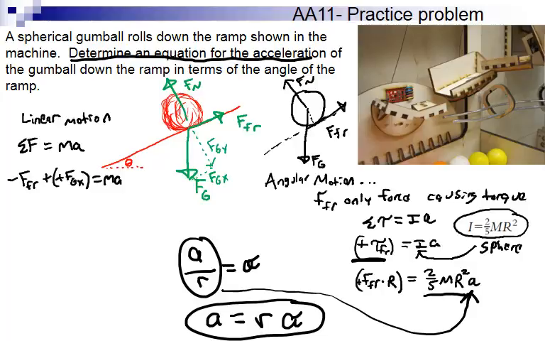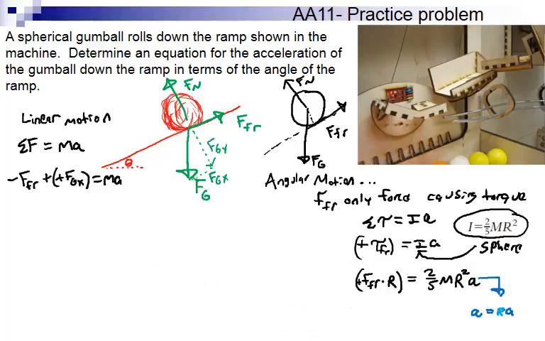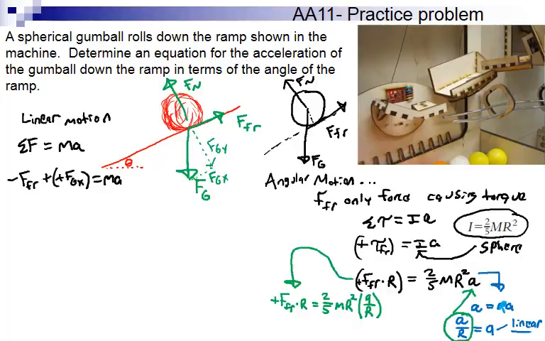And what will help is we have linear acceleration here, we have linear acceleration here, then we'll be able to bring these two together. And that's what we'll do here. So let's go ahead and substitute, and we'll bring that in. This says linear here, but this is linear here, and then this is alpha here.